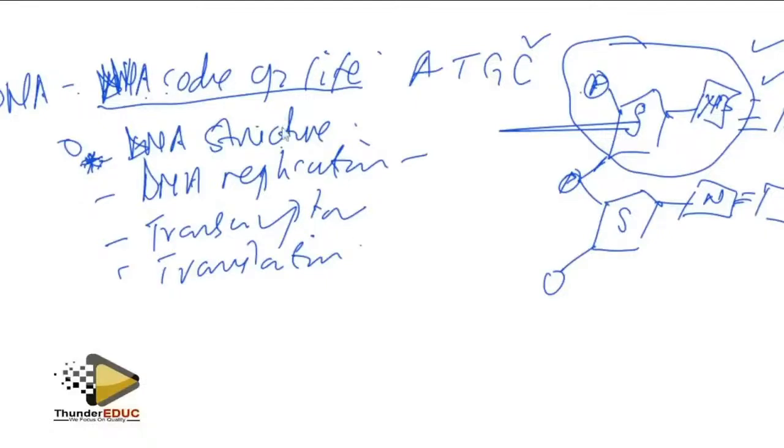There is one mark I've not spoken about: you mentioning the bases, but also saying that adenine goes with thymine, guanine goes with cytosine, is also another mark. You mentioning that adenine, thymine, guanine, cytosine is a tick. Adenine with thymine, guanine with cytosine is also another tick.